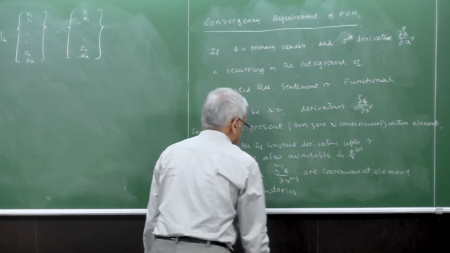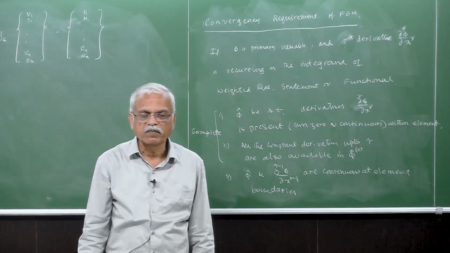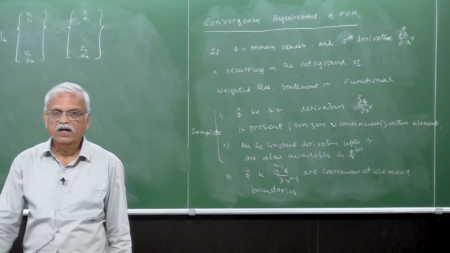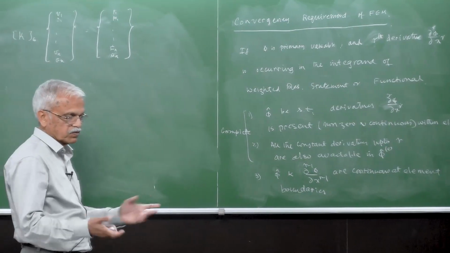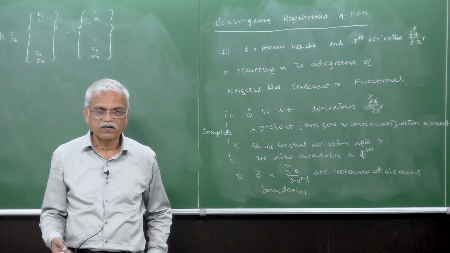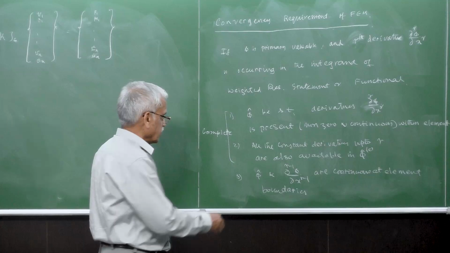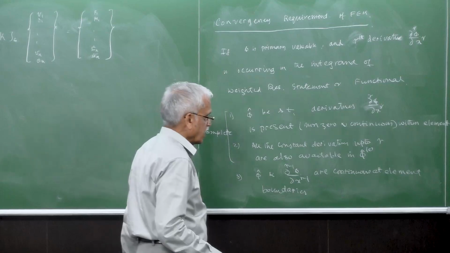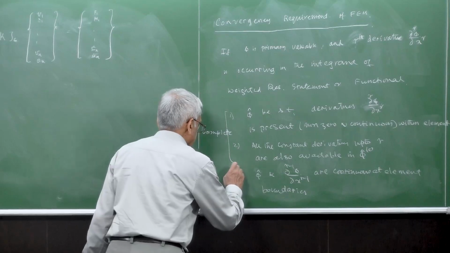This is also necessary in the sense that if r minus 1 continuity is maintained at the element boundaries, then the rth derivative may have a discontinuity of finite nature. That's what we have been doing in the C1 continuous elements also, where we have the second derivative occurring. The second derivative may have a finite discontinuity, but r minus 1 before that should be continuous. If you assure that phi and all the derivatives up to r minus 1 are continuous at the element boundaries, then we say it is a compatible element.